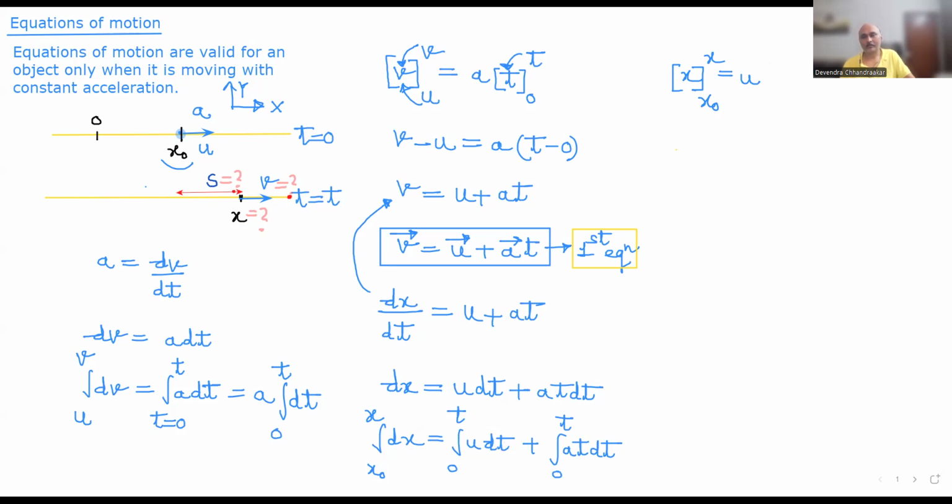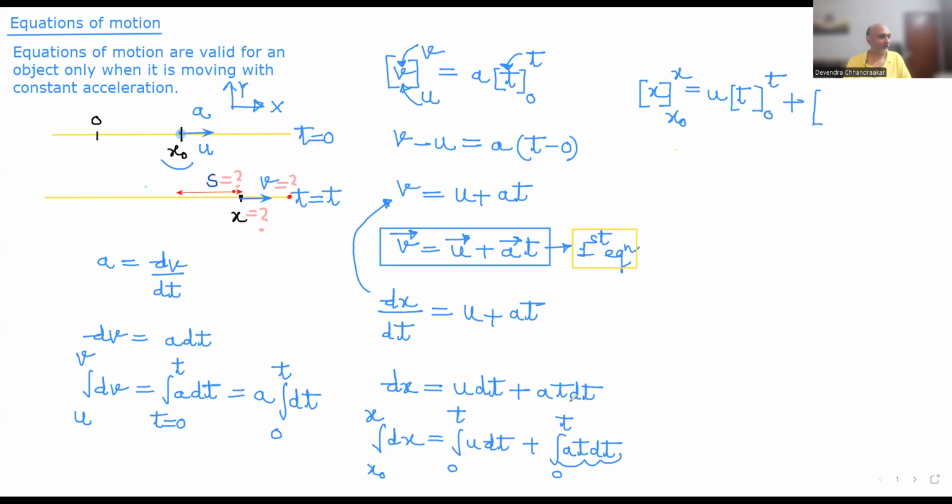Integral of dt is, Shubhaditya Datta, integration of dt is what? T. T, very good. So because u was constant, we took it out. So integral of dt is t from 0 to t plus, what is integral of this function?